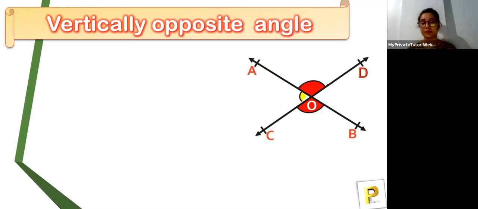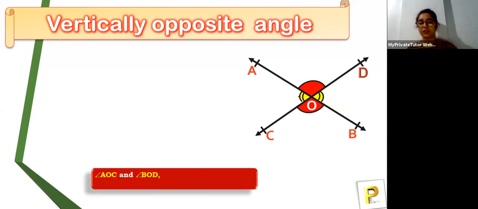Let's see another example. Carefully see the yellow ones now. That is angle AOC, and you have angle DOB. So angle AOC and angle BOD, then angle AOD and angle COB, form pairs of vertically opposite angles.